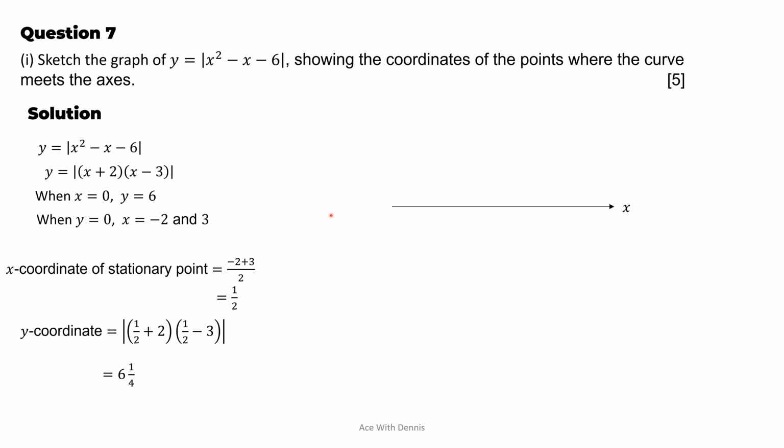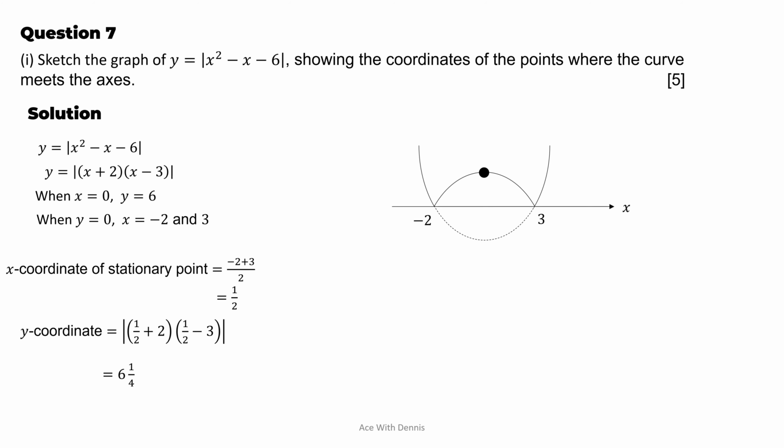We can start with the x-axis. So this is a smiley face as the x squared is a positive x squared. Notice that I draw a dotted line below the x-axis as this is a modulus function. So it will reflect above the x-axis, which looks like this. And we know that this point will be negative 2 and this point is 3 as they are the x-intercepts.